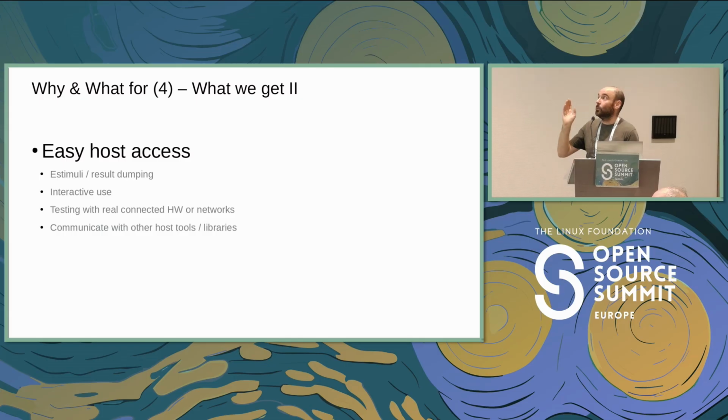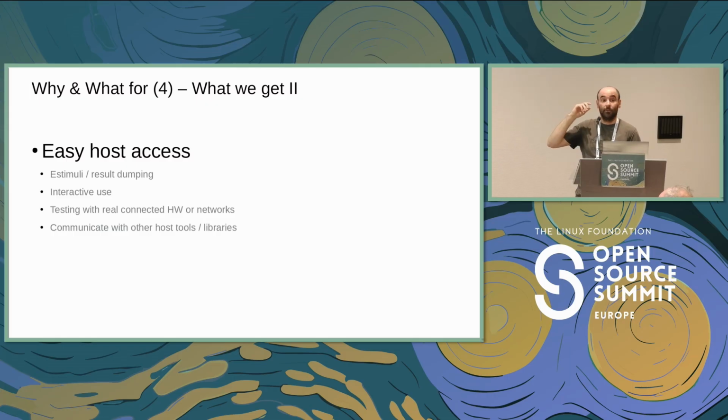Another thing we would like, which is a little bit contrary to the reproducibility part, is to have as easy access as possible to our host to be able to test. One thing we would like is, from our embedded test code, to just open a file to read input data that we feed in our test, or to dump out the results into files.